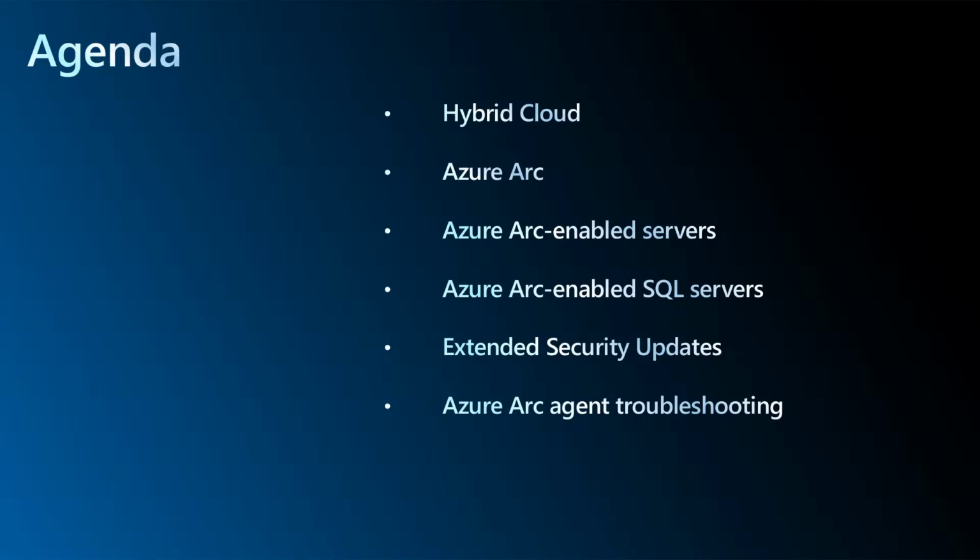Talk a bit about SQL Server and how that works with Azure Arc. Then we'll talk on the much loved subject around extended security updates for Windows Server and SQL Server. And then last but not least, we will get onto some Azure Arc agent troubleshooting tips. But do post some questions. I do want to hear from you. So let's get interacting together, folks, and chatting about stuff.